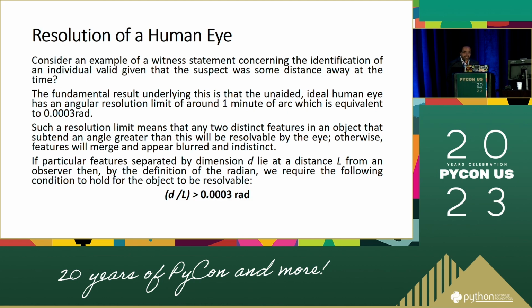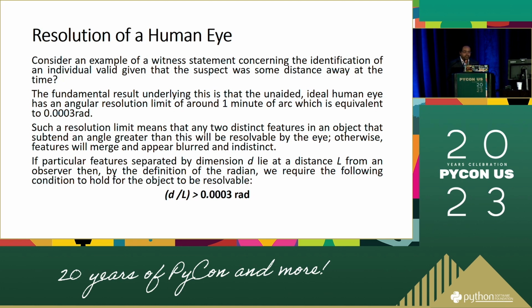If there are some aids like specs, then again it may change depending on the situation or the capacity of the person's eye. Such a resolution limit means that any two distinct features in an object that subtend an angle greater than this will be resolvable by the eye. Otherwise the features will merge and the picture appears blurred.